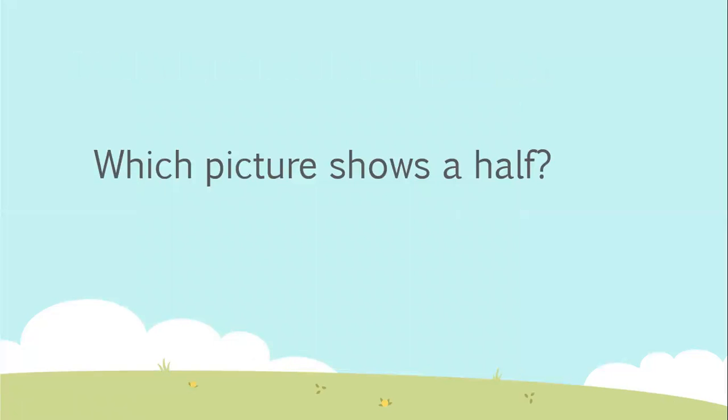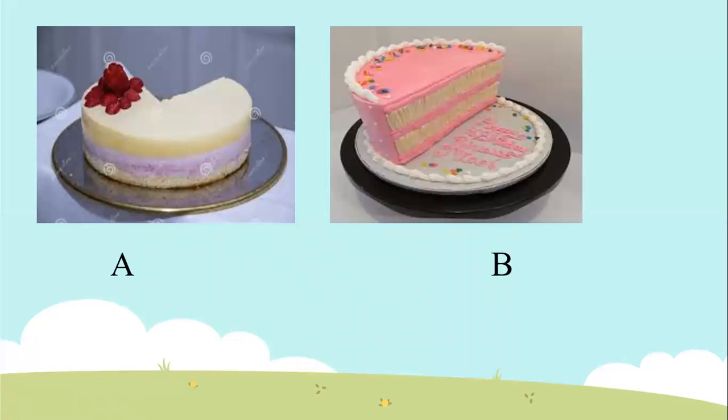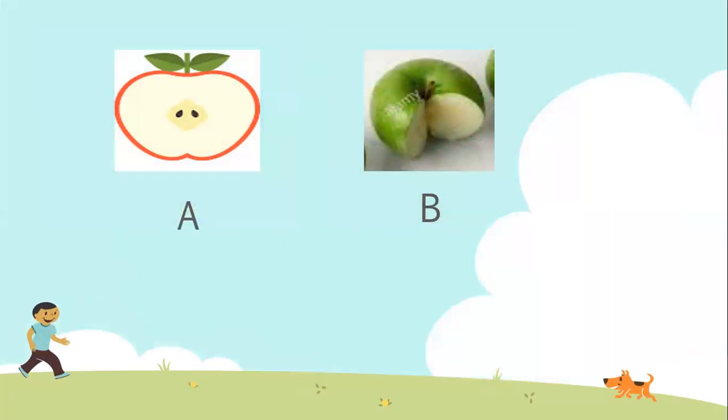Which picture shows a half? Look at picture A, look at picture B. Which picture shows a half? If you said picture B, then you are correct. Picture A, look at the apple carefully, then look at picture B. Which picture shows a half?